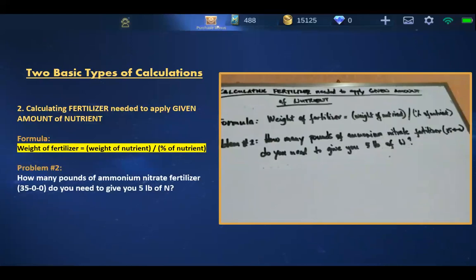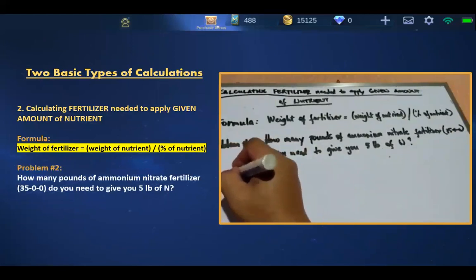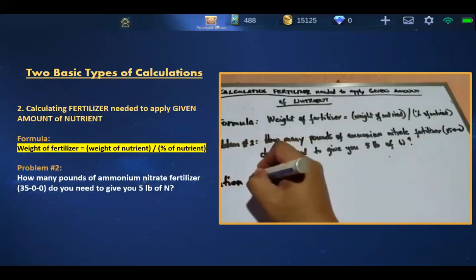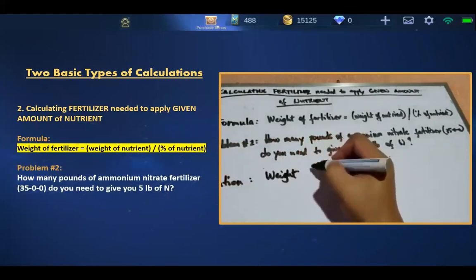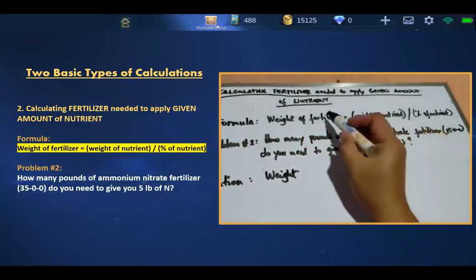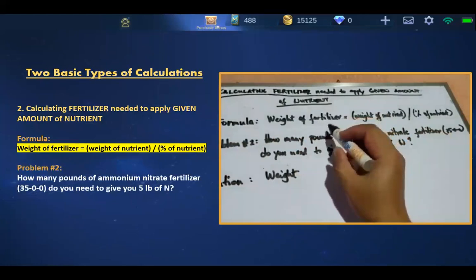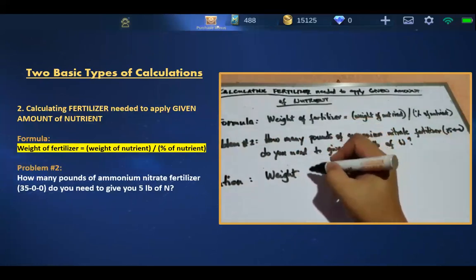Our solution is: the weight of fertilizer, or the name of our fertilizer, is ammonium nitrate.